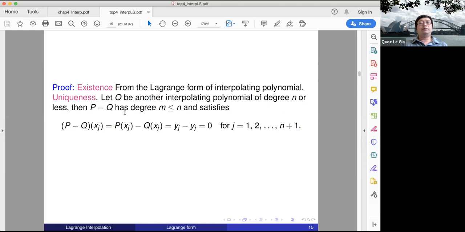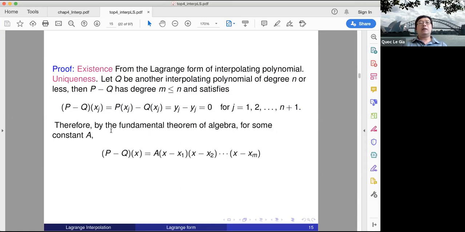First, my observation is it has a degree less than or equal to n, and it satisfies the interpolation condition because you assume that q interpolates the data as well. So q(xj) equals yj and p(xj) equals yj is given as well. So now p minus q equals 0 at n plus 1 points.